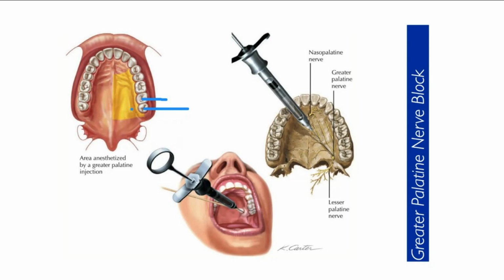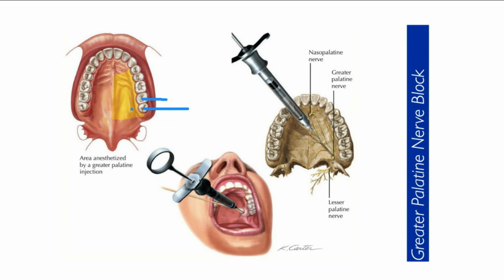Keep the Q-tip there, because this is exactly where the greater palatine foramen is located, and you're going to inject beside it. It's going to infiltrate anyway when you pull out your Q-tip. But again, do not enter into the foramen. This is not your goal. Whether we're talking about the nasopalatine with the incisive foramen or the greater palatine with the greater palatine foramen, you're not getting inside.